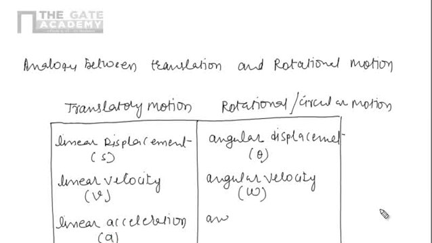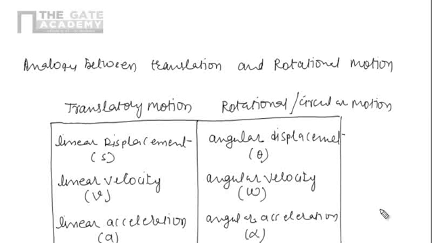Here we have angular acceleration, denoted by alpha. So in case of translatory motion, we have the equations based on motion with uniform acceleration.